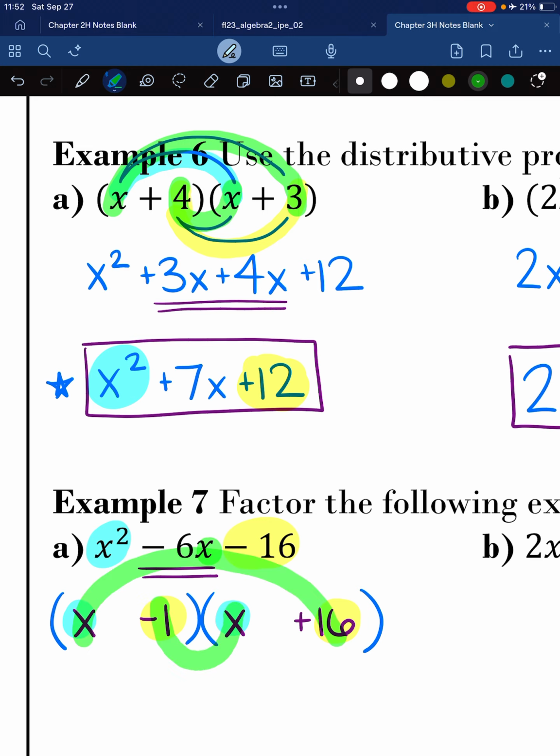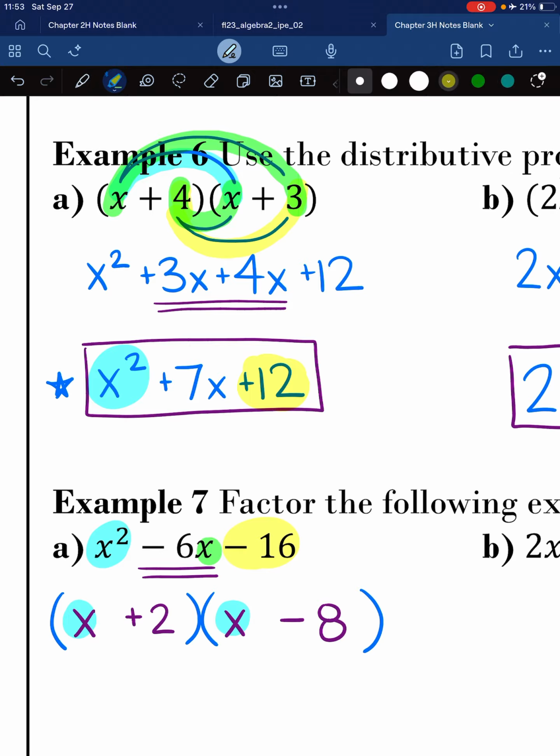Okay, well if it's not 1 and 16, maybe 2 and 8. So if I do minus 2 and positive 8, okay, so thinking about that, negative 2 times 8 is negative 16. Cool, cool, cool. Okay, and negative 2 plus 8 is positive 6. Okay, so I'm so close, I just have the wrong signs. So I just need to say, okay, well, I could also get negative 16 by doing plus 2 and minus 8, okay?